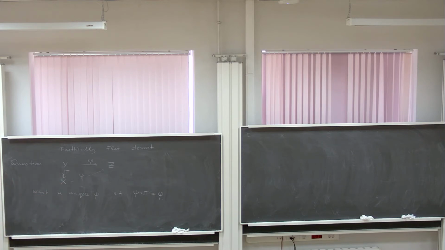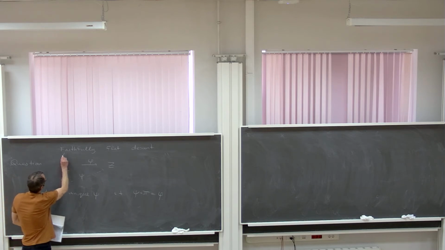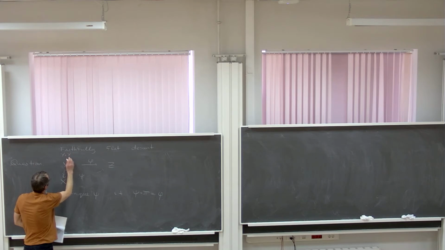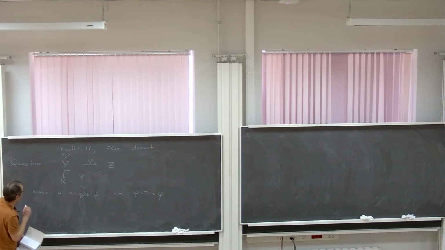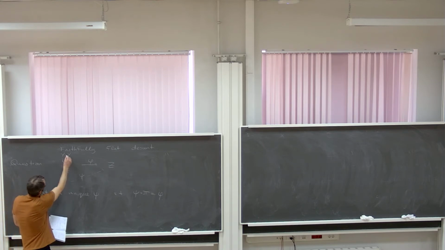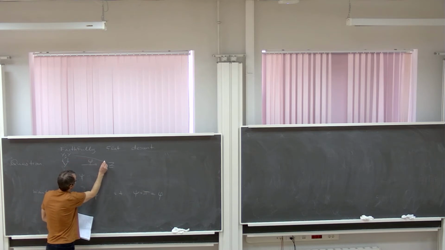So here is a nice way of phrasing this. Let's consider the fiber product of Y with itself over X. Then we have two projections, P1 and P2. And composing these projections with phi, we get two different maps.